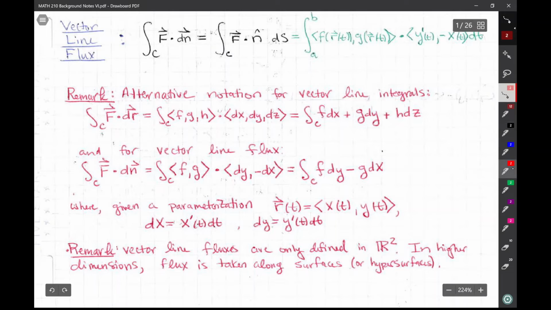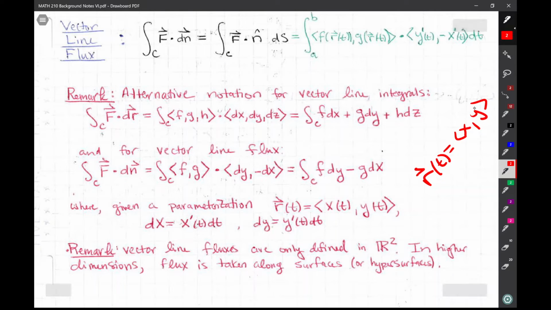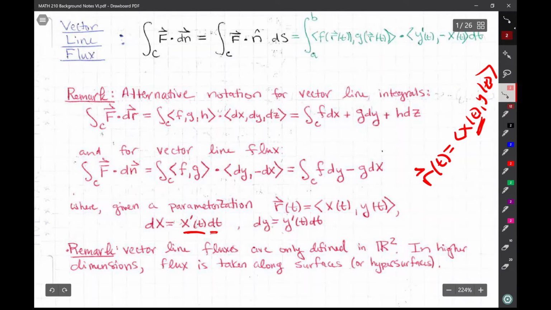If you'll recall, the parameterization looks like this. Or to be a little more explicit, we'll write it as x of t, y of t. You could take the derivative of this expression in your parameterization, multiply it by dt, and likewise you could do the same thing for dy.